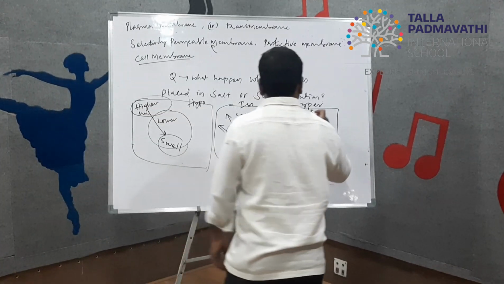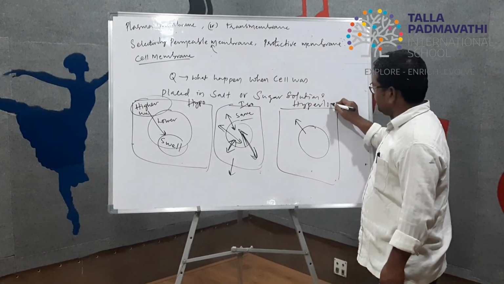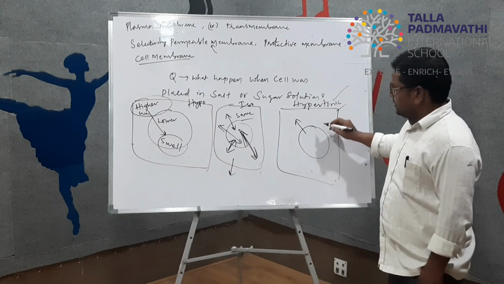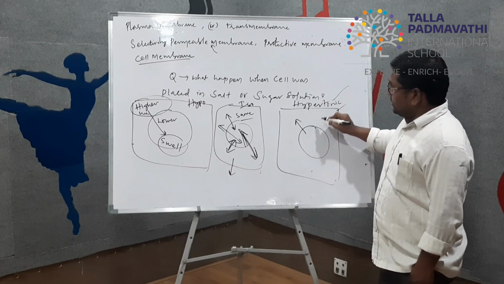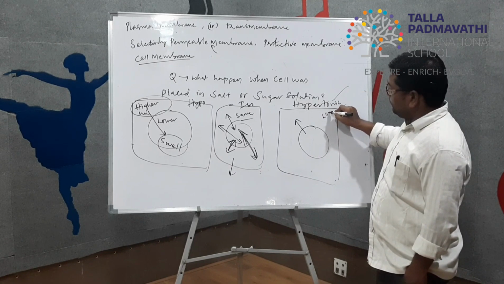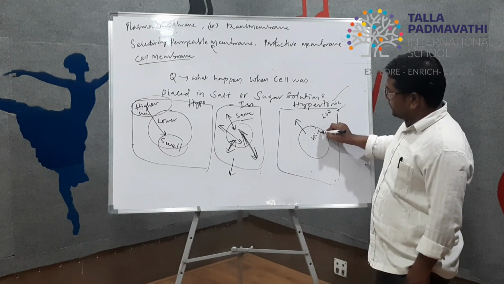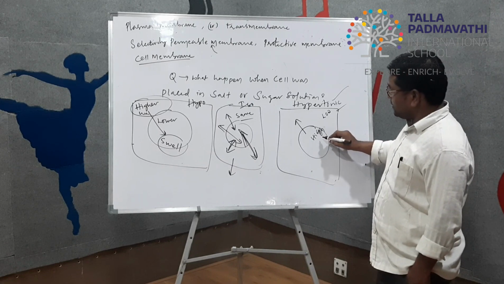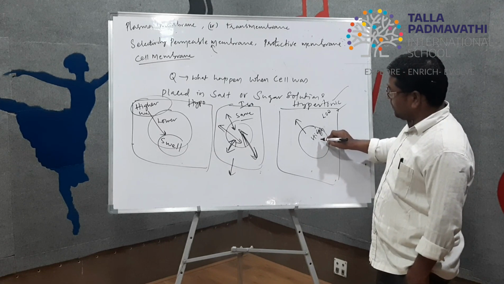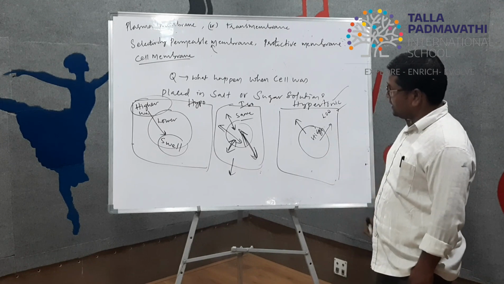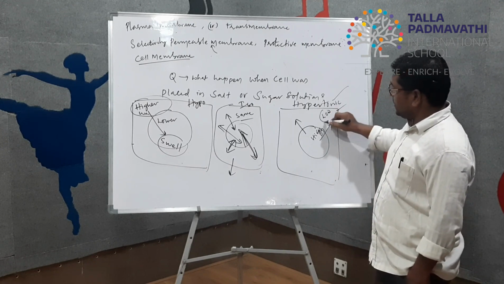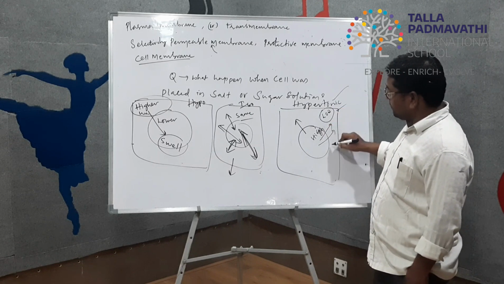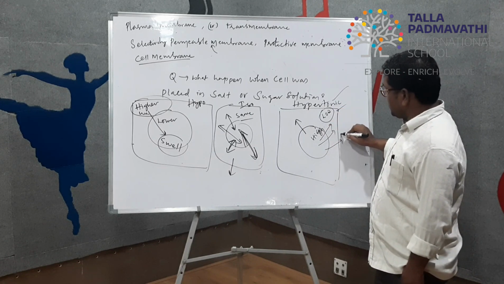And what happened in hypertonic? In the case of hypertonic, the water concentration outside is low and inside is high. So by osmosis, water molecules move outside the cell, towards the low concentration. As the cell loses water to the outside, the cell shrinks.